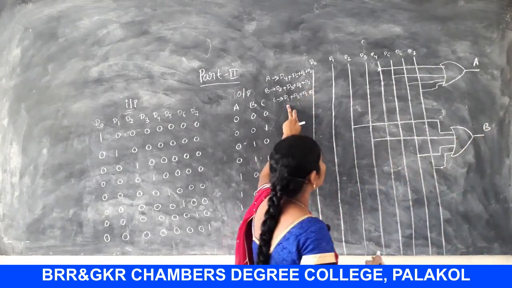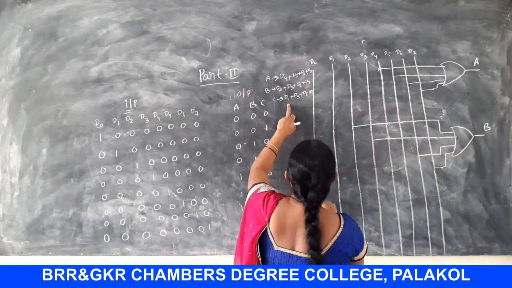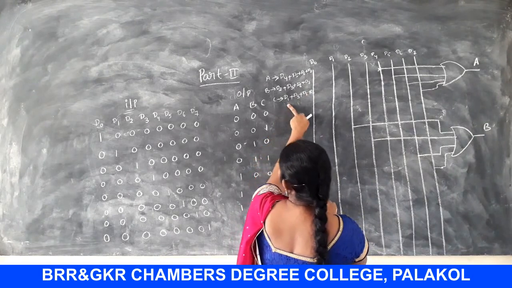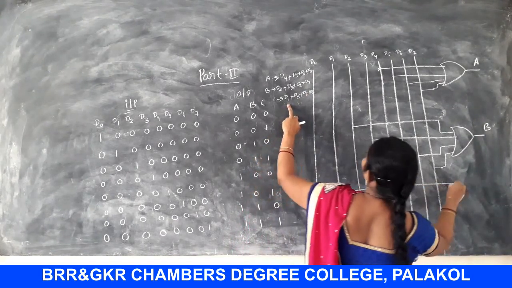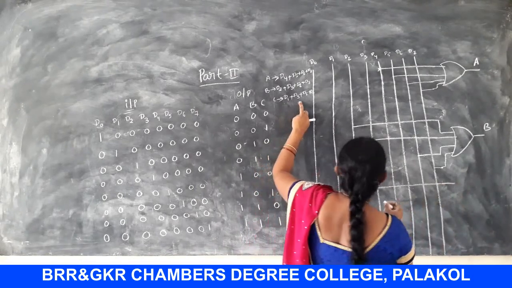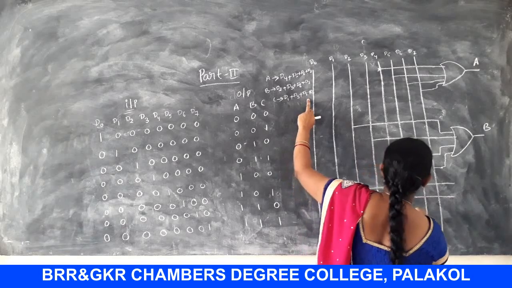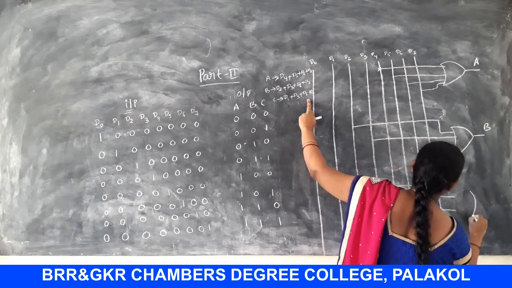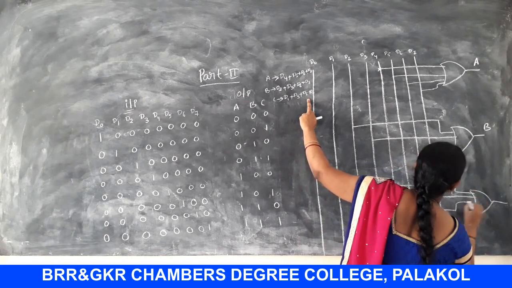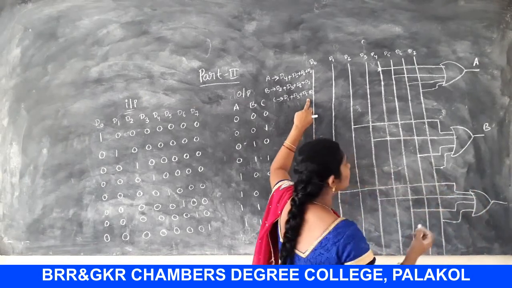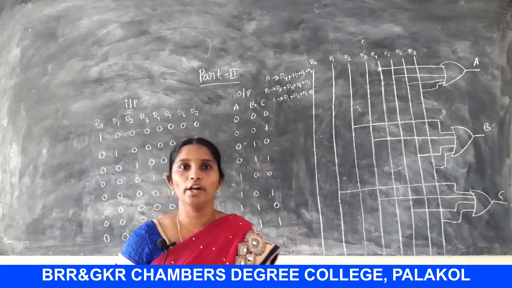Next, coming to the C output: C is D1, next one is D3, the next one is D5, next one is D7. In this way you have to draw the logic diagram for this 3 to 8 line decoder.